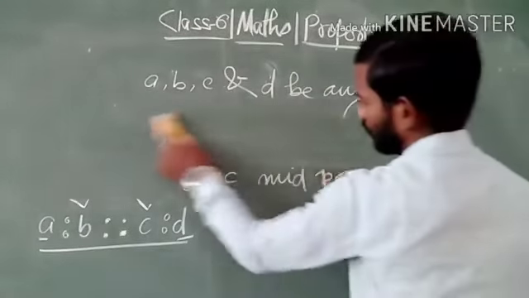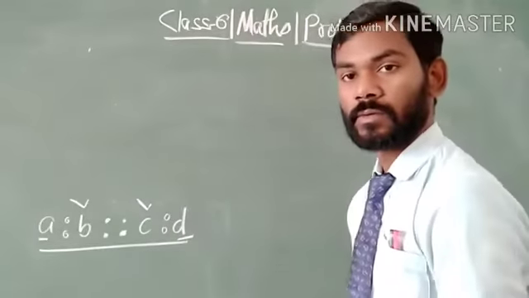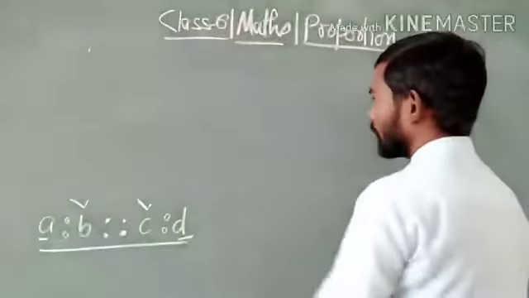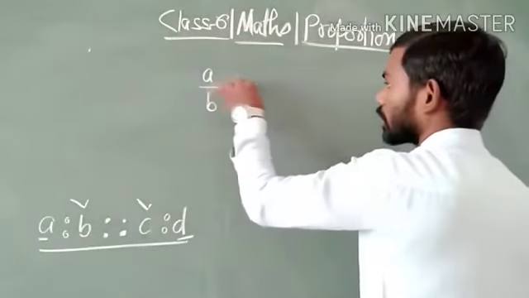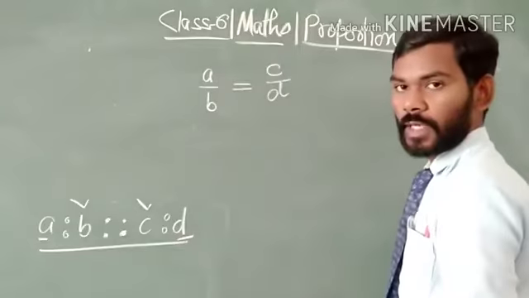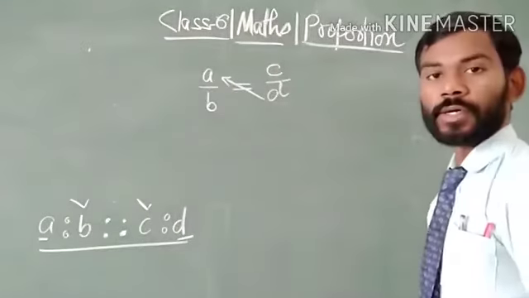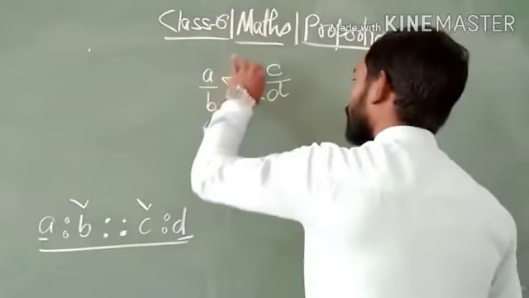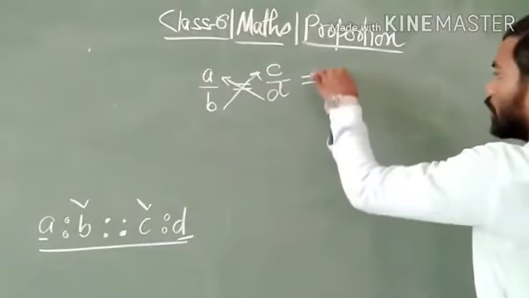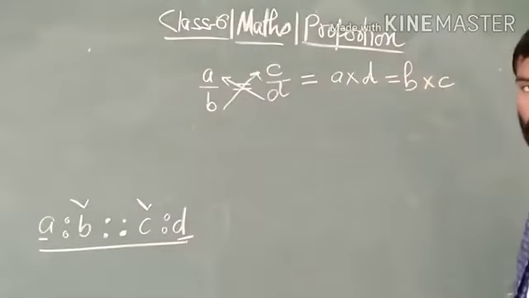Since the ratios AB and CD are in proportion, it can be written as A upon B is equal to C upon D. Now cross multiply, which means multiply D by A and multiply B by C. We get A into D is equal to B into C.